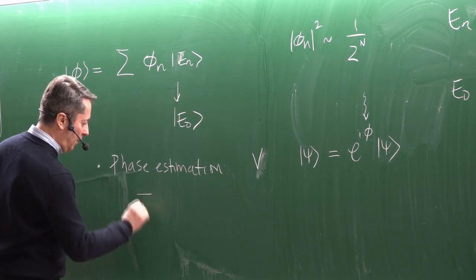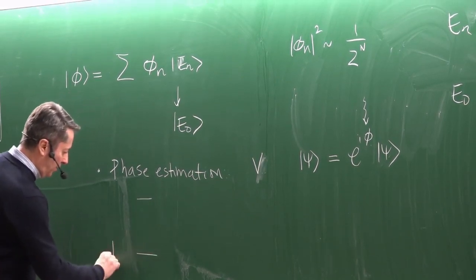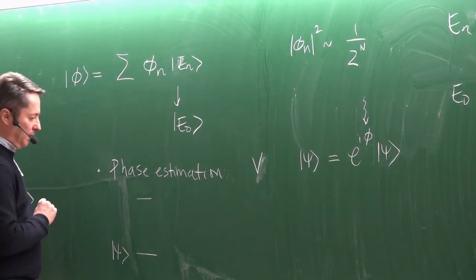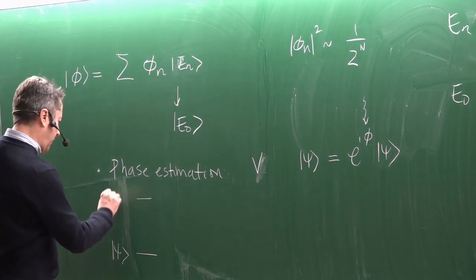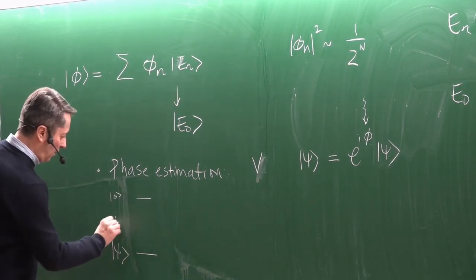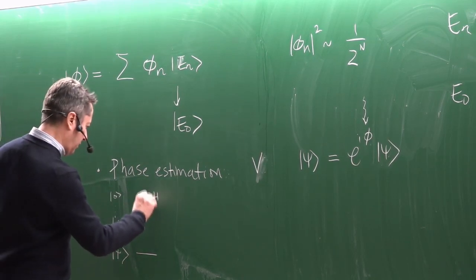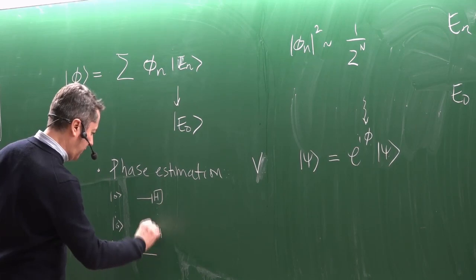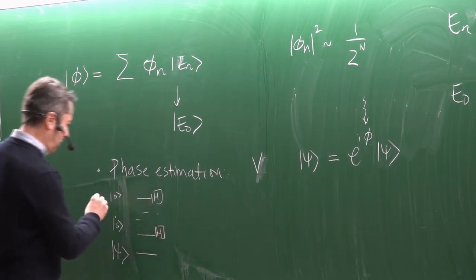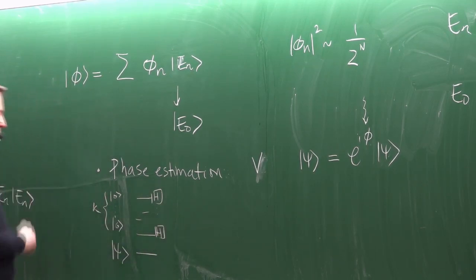What you have is that you input here the state psi, then you have some auxiliary qubits where you're going to read off this phase, and you put a Hadamard on each of your ancillas, say k of those.